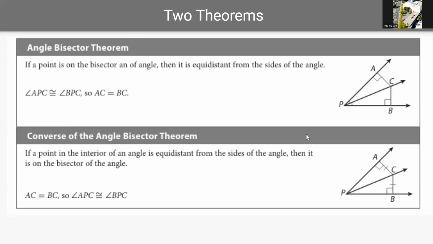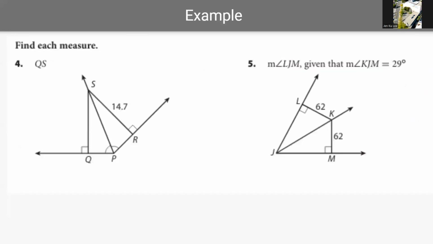Okay, let's see an example in this. So here, we have to figure out what QS is. QS is right here. I know S is on the angle bisector because they are congruent to each other.